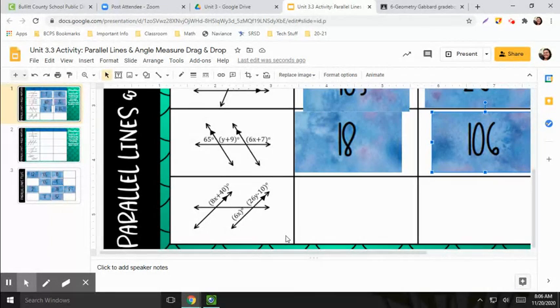All right, so what we're going to do is solve for x and y. What's going to be our first thing that we want to look at? Well, we have three expressions, and only two of them have similar variables. So let's look at the ones with similar variables. And that's the x. So we have an obtuse angle and an acute angle.